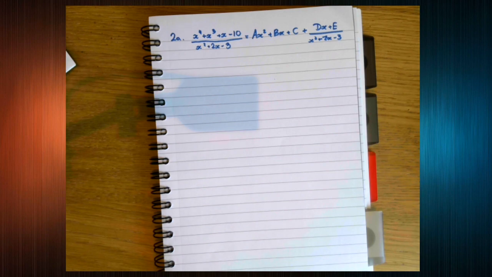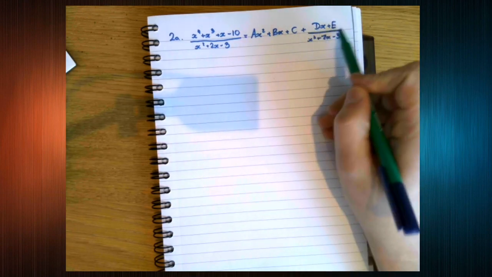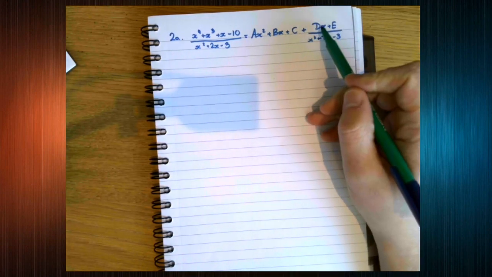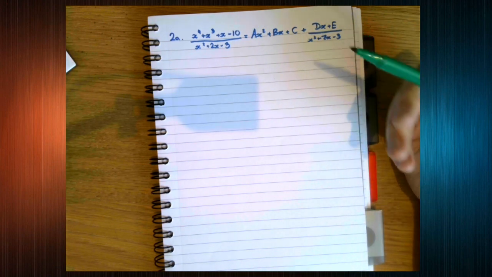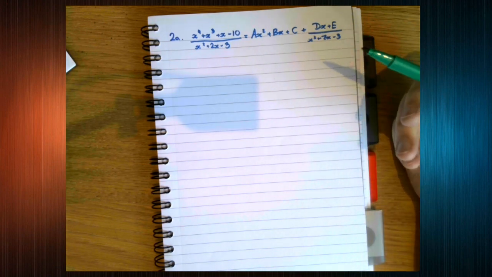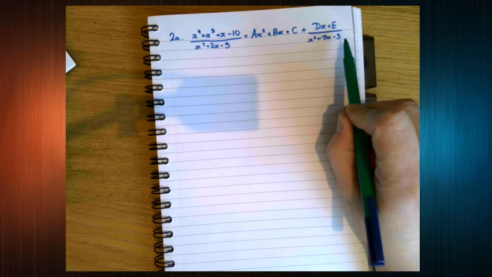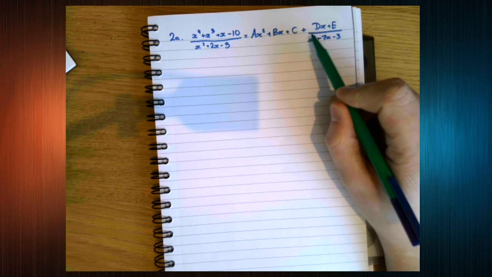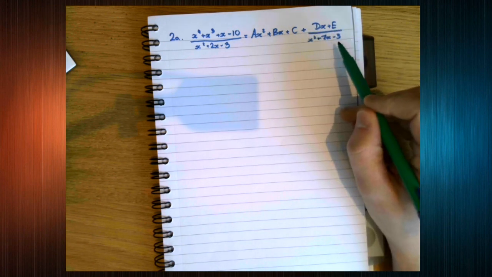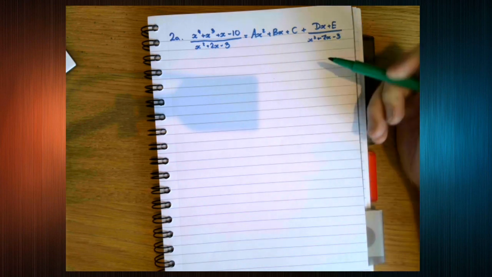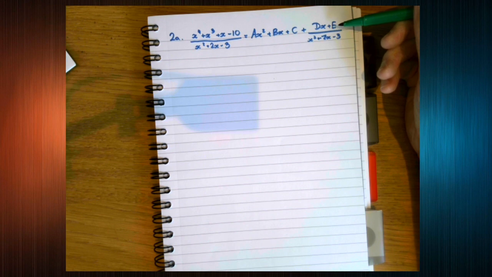So how do we know this is going to look like that? It's to do with what the denominator is. When we are writing out the general form, the numerator must be of order less than the denominator, or 1 less. So the denominator is quadratic, so this has to be linear.